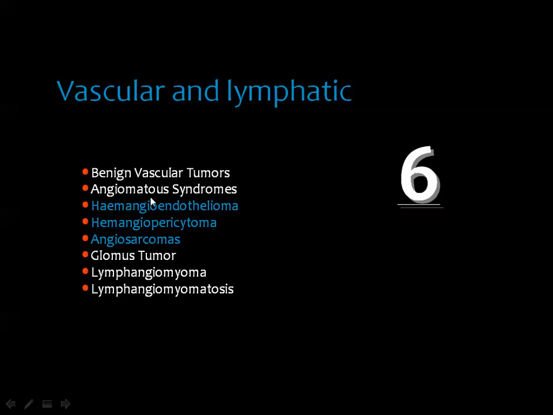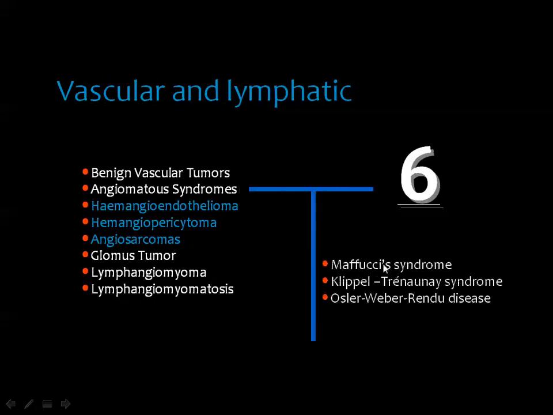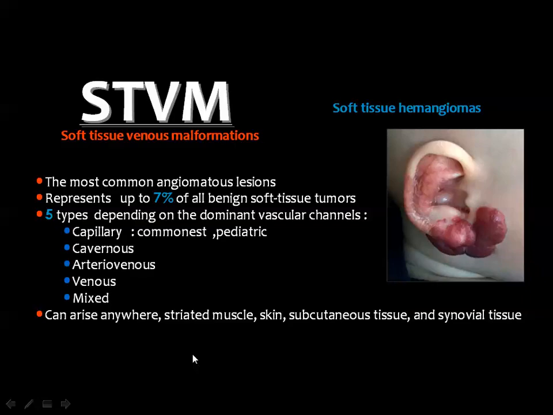In this domain, we have the benign vascular tumors, the angiomatous syndromes like Maffucci syndrome, Klippel-Trenaunay syndrome, Osler-Weber-Rendu disease, then what is known as the glomus tumor, which is totally different from the chemodectomas, the lymphangioma, and the lymphangiomyomatosis. Starting with the hemangioma.